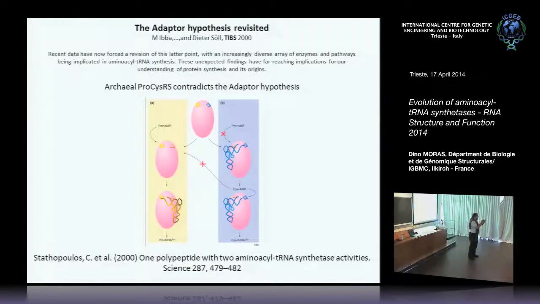One aminoacyl-tRNA synthetase is missing. This is the cysteine one. Cysteinyl is missing. So you find the whole genome, and there is no cysteinyl-tRNA synthetase. So what happens? How does it work? It cannot be, it has to be there.